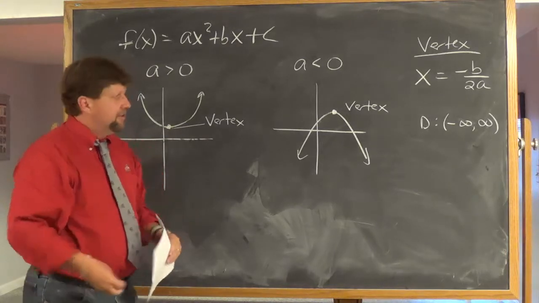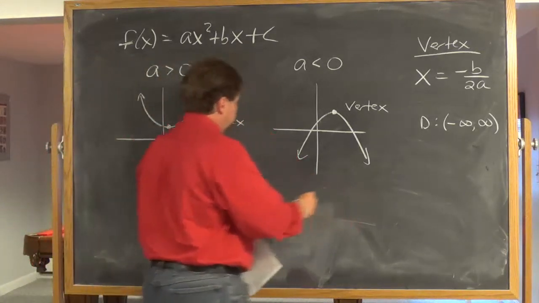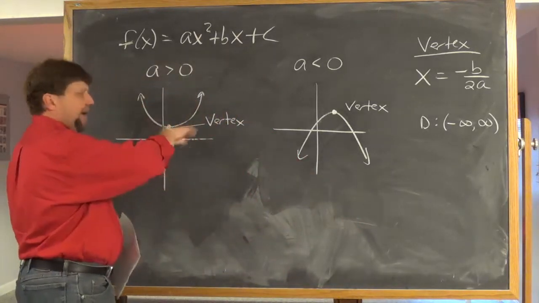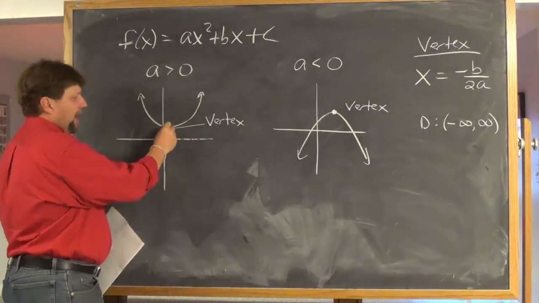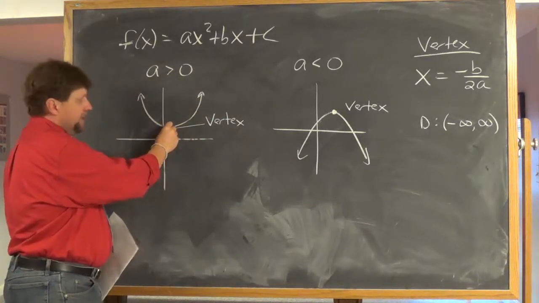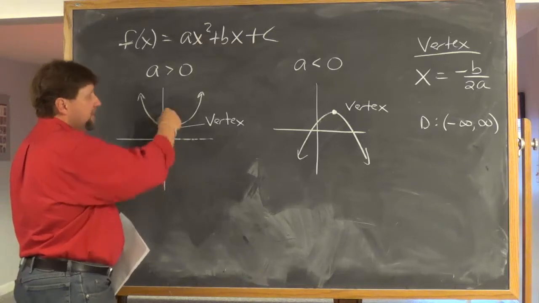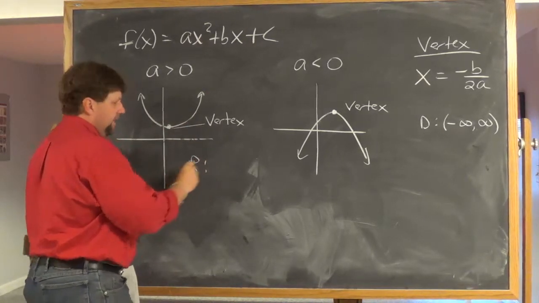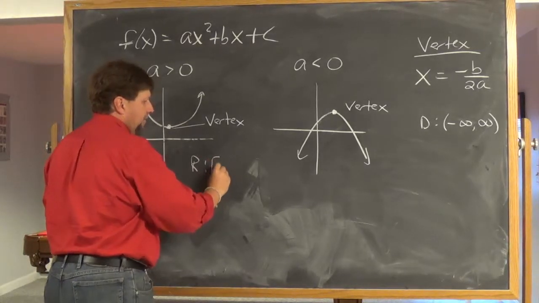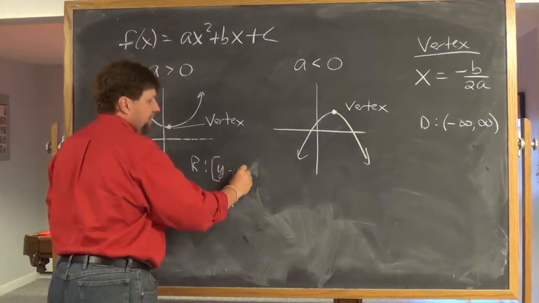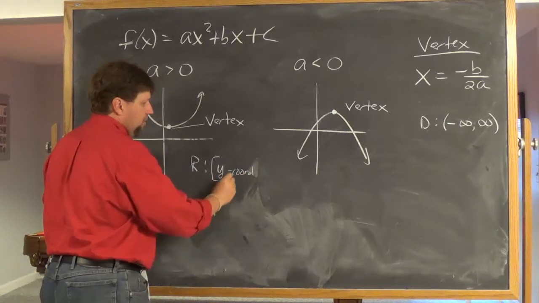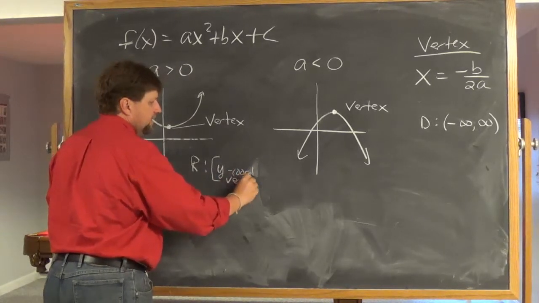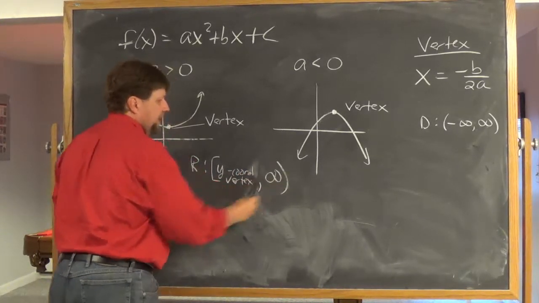The range, well, if it's a happy parabola, the y value here will be the smallest number in the range. So if it's a happy parabola, the range would be whatever the y-coordinate of the vertex is. So I'll write y-coordinate of vertex to infinity.